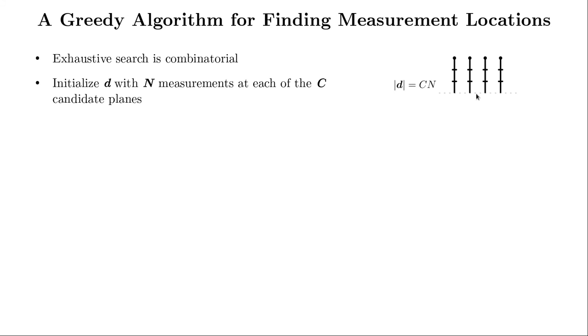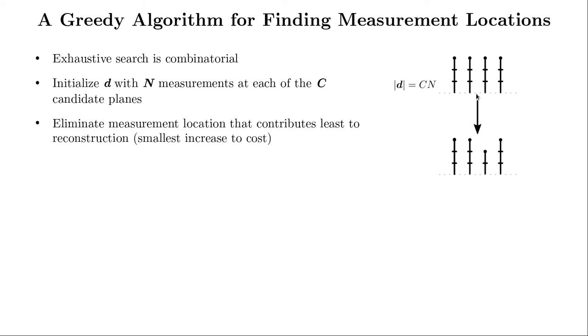The next step is to look at each of these candidate planes and find the one that contributes the least to the reconstruction. Basically, if we were to eliminate one of these measurement locations, we look at the one that contributes the smallest increase in cost, or the smallest increase in total error.